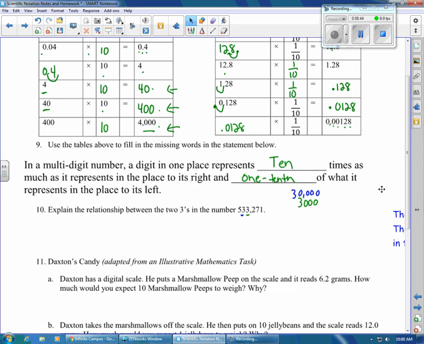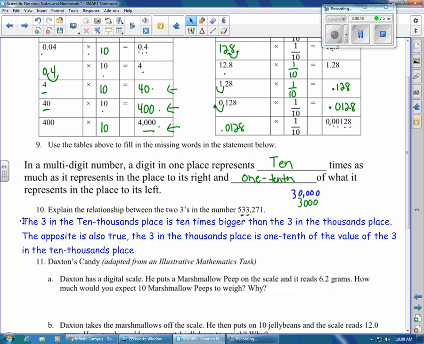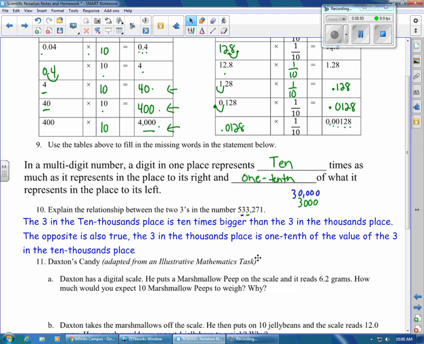Hopefully this is confusing only in that we are breaking it down into terms like this, okay? You probably have known this intuitively, but you've never put words to it. So how I would explain this, the 3 in the 10,000s place is 10 times bigger than the 3 in the thousands place. The opposite is also true. The 3 in the thousands place is 1/10 of the value of the 3 in the 10,000s place.